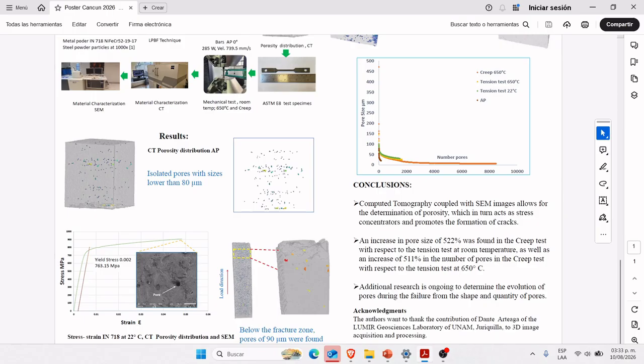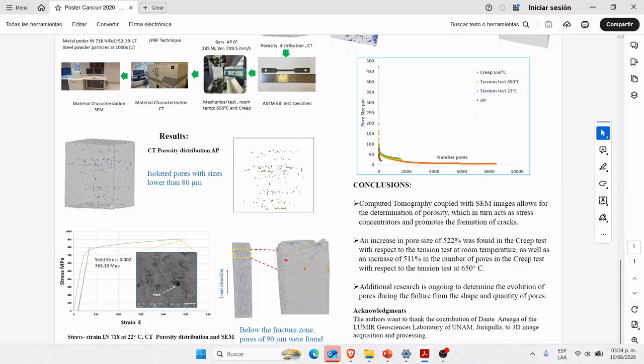Results: isolated pores with size lower than 80 micrometers were obtained from the CT porosity distribution for the as-printed condition. A stress-strain curve was obtained at 22 degrees Celsius, with a yield stress of 763 megapascals and a maximum stress of 1042 megapascals.